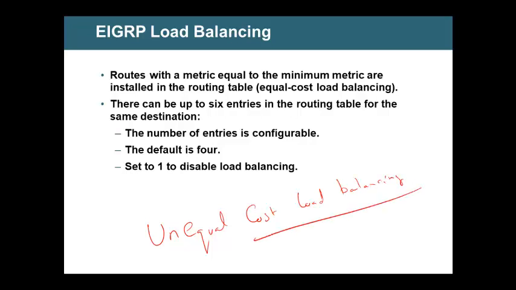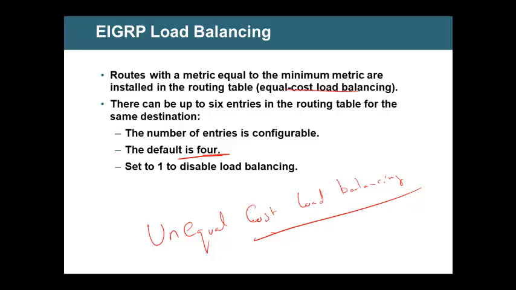All protocols will do equal cost load balancing up to 4 paths. All protocols can do equal cost load balancing up to 4 paths. If you have 10 equal cost paths, only 4, any 4.